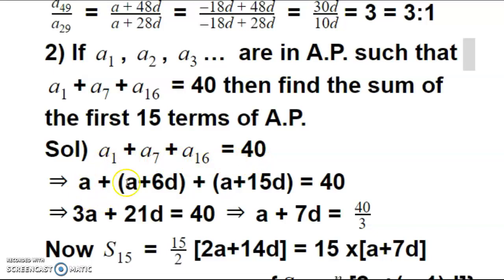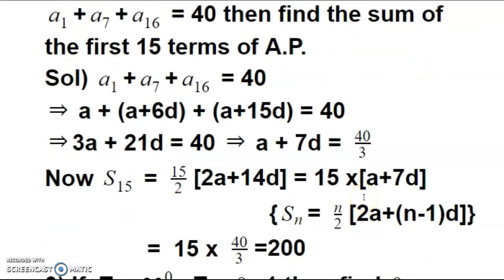A1 means a, A7 means a plus 6d, A16 means a plus 15d. By summing up these terms, we will get 3a plus 21d is equal to 40. Dividing each term by 3, we get a plus 7d is equal to 40 by 3.